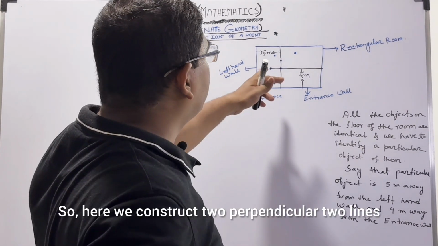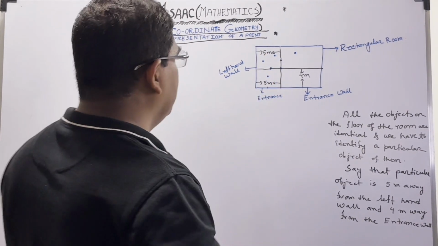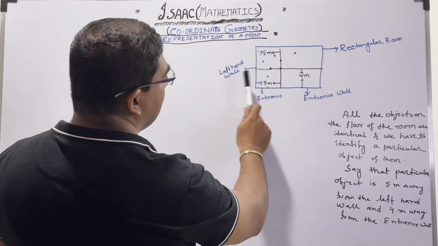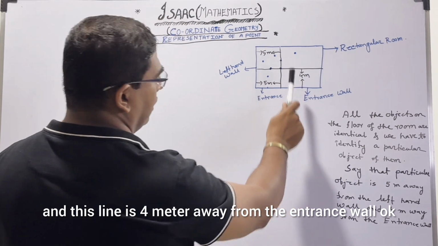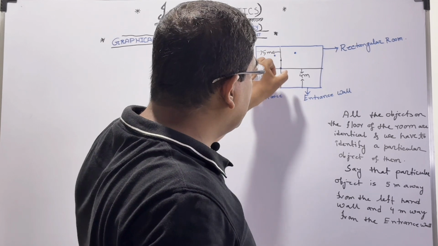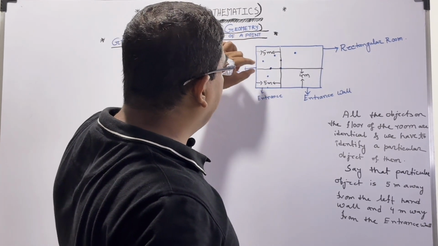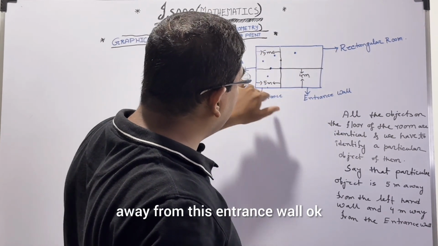So here we construct two lines. This first line is 5 meters away from the left hand wall, and this line is 4 meters away from the entrance wall. That means all the points on this line are 5 meters away from the left hand wall, and all the points on this line are 4 meters away from the entrance wall.